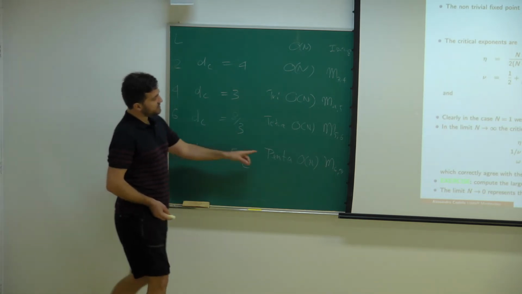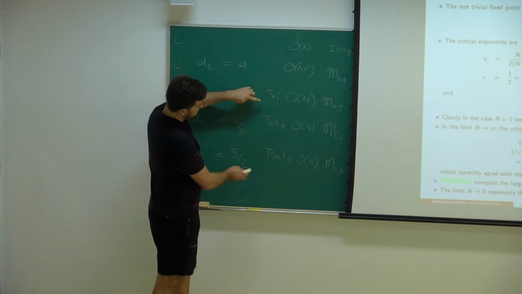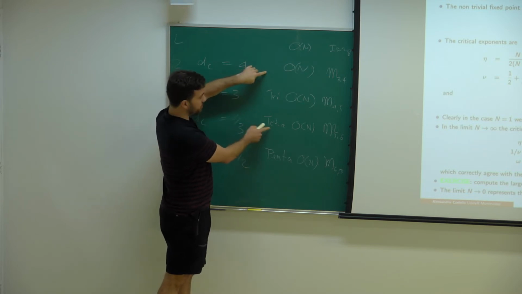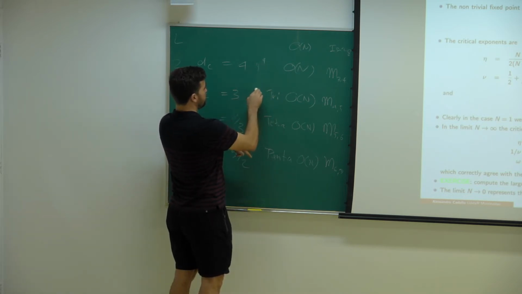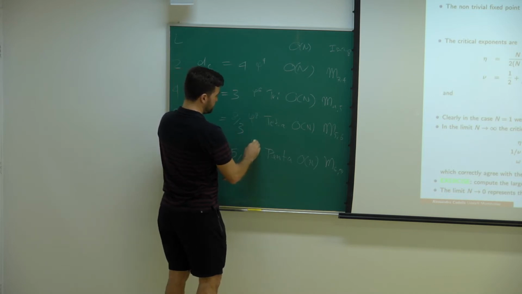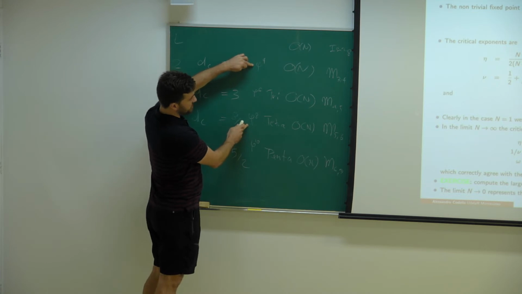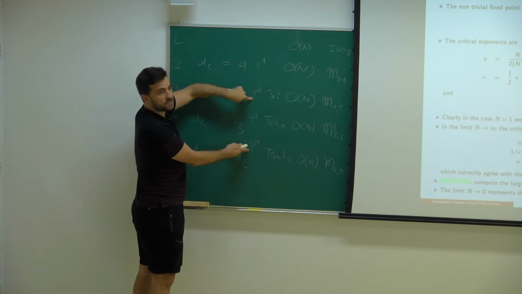And again, it seems that the large n limit for these models is non-trivial, while it's trivial for this one. So for the odd powers, these are based on phi to the 4, these on phi to the 6, this one phi to the 8, these are the underlined ones here. For these ones, the large n limit is trivial, like we have seen, but for this one, the large n limit is not trivial.